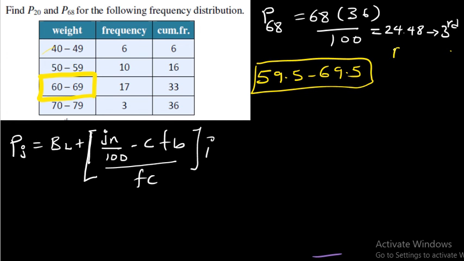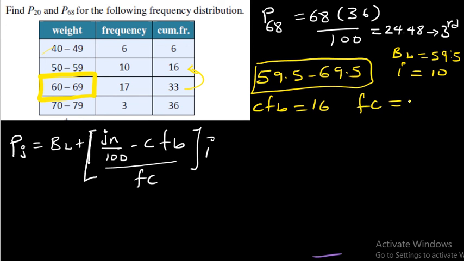From here, BL is 59.5, the interval is still 10, the cumulative frequency of the class before it is 16, and the frequency of the class is 17. Now let us insert what we have.